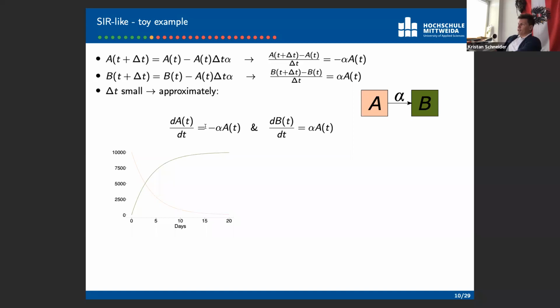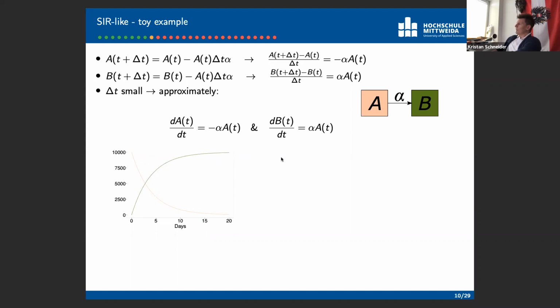It's a very simple system of differential equations that can be solved, and here's a solution, assuming that initially we had 10,000 nice individuals and 0 nasty. You see the number of nice individuals declines and the number of nasty individuals increases. That is essentially the turn from nice to nasty.